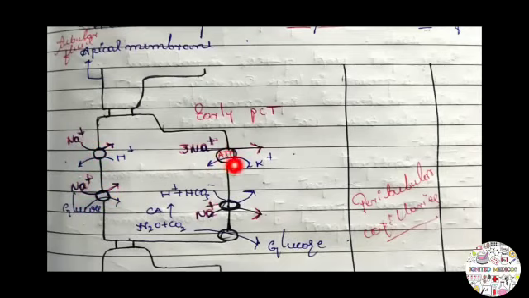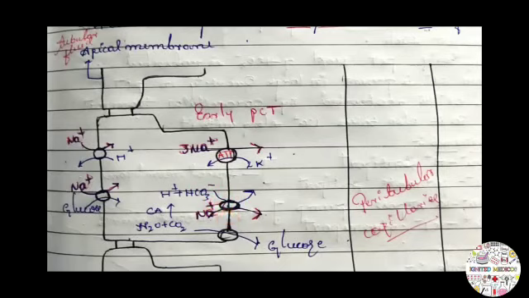The sodium potassium ATPase pump is located on the basolateral membrane, and the bicarbonate and sodium co-transport is also located on the basolateral membrane.